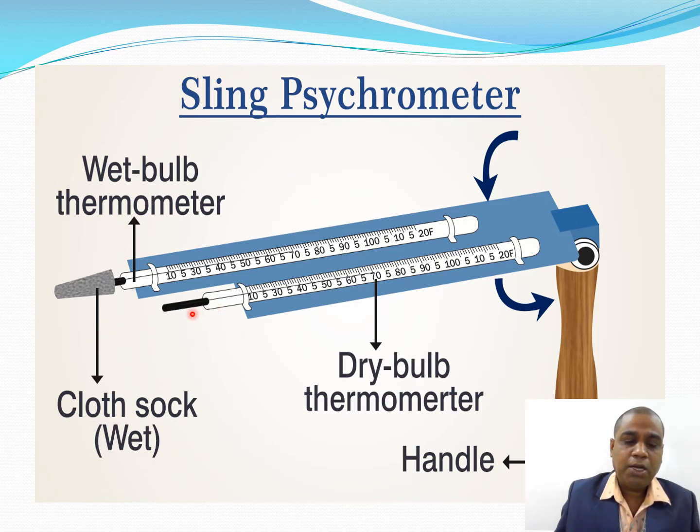So then what happens? The bulb of the dry bulb thermometer will move forward and get exposed to the atmospheric air. And the bulb will sense the temperature of air, which is recorded by the thermometer. And that temperature is known as dry bulb temperature.